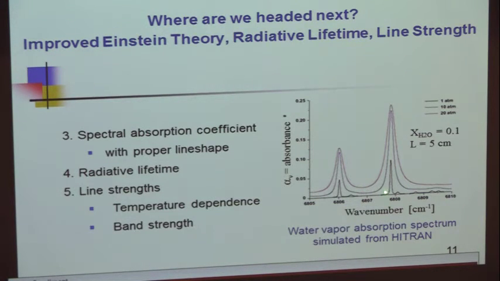So here's the 1 atmosphere case, here's the 10 atmosphere case, and here's the 20. What you'll see is that the shape of the line changes with pressure. This is a simulated result. So the absorbance, which is K times L, is dependent on conditions, pressure and temperature. So it's motivation for paying more attention to these line shapes.